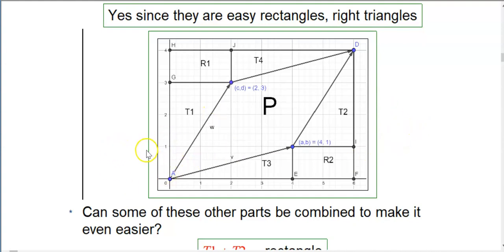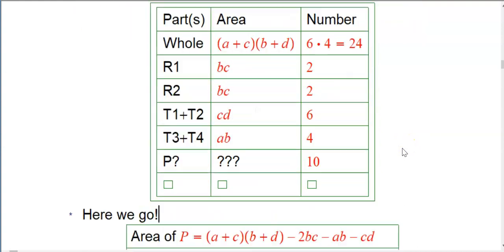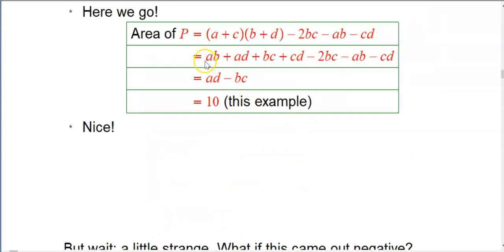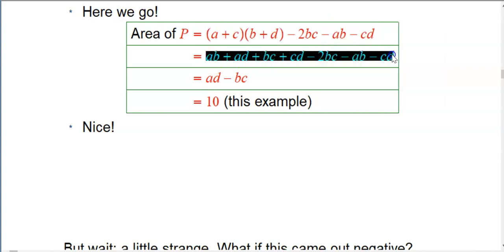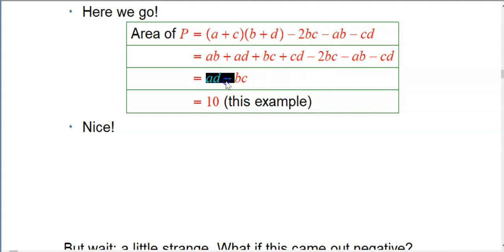So already we know that there's going to be something that's just pure multiplication and addition and subtraction that's getting this answer. And then it's gravy that in fact when we do it, it boils down to a very simple calculation that only takes each of these 4 variables once. It's just AD minus BC, and then we get 10.